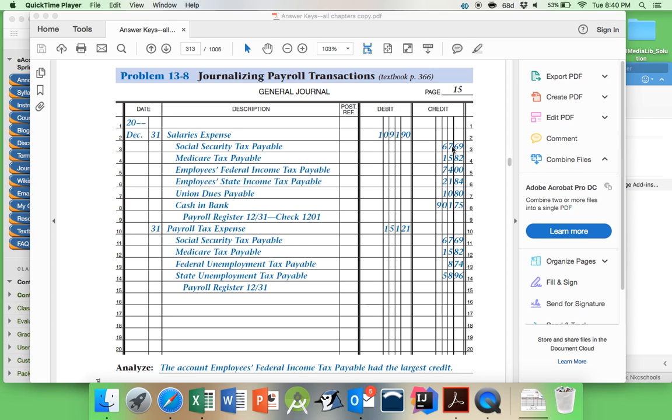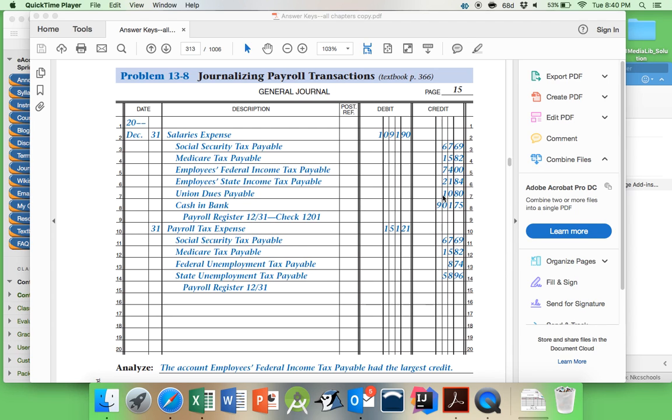And then your Social Security tax payable, Medicare, federal income tax, state income tax, and if there's any union dues or anything like that, will be listed in the credit as the payable accounts because you're eventually going to pay these out. But these are the amounts that you have withheld from your employees' checks.